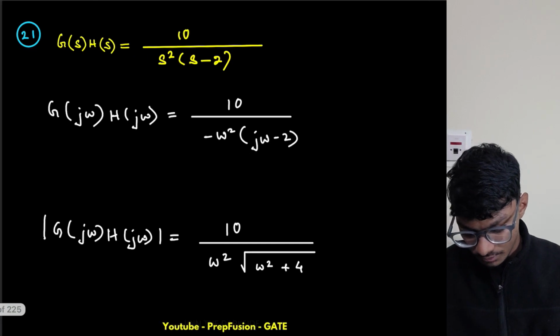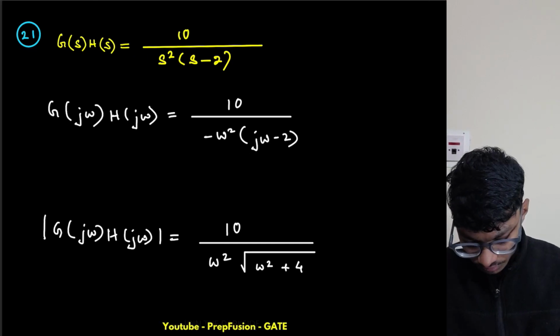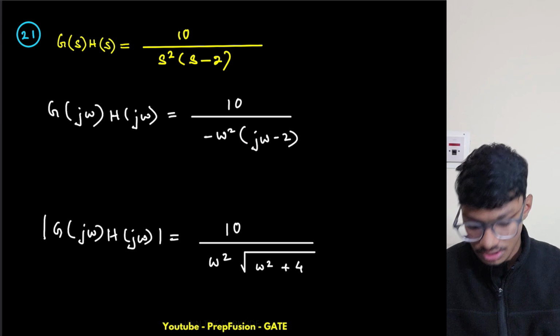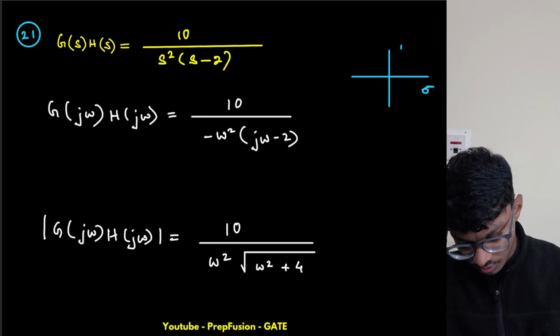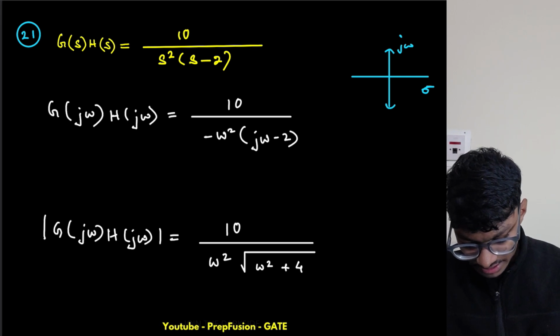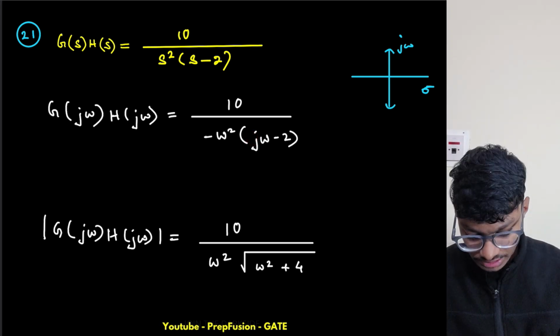Okay, now what about this one? So in which quadrant is this lying? If I draw the coordinate axis, this is sigma, this is j omega. Okay, so what I can say is, this is always positive, right?